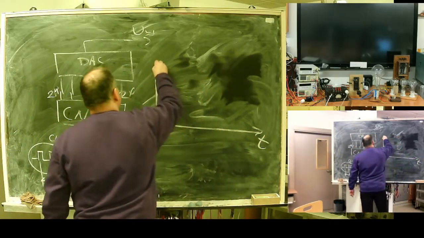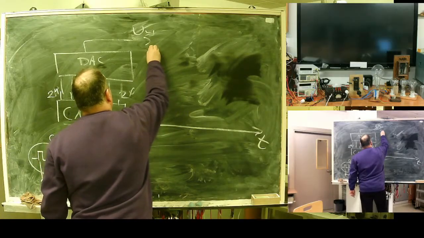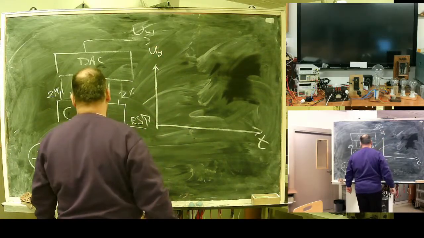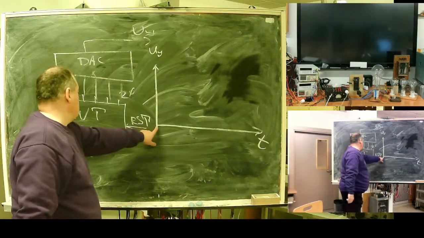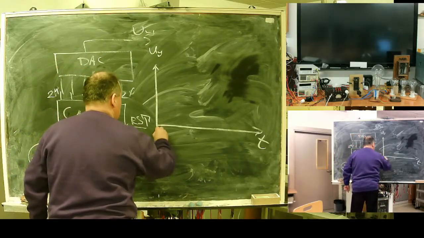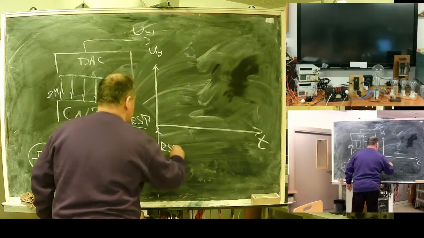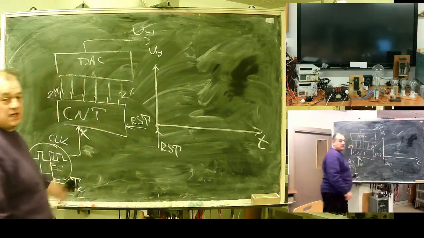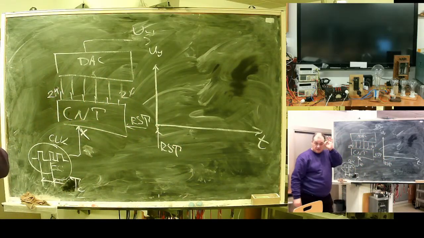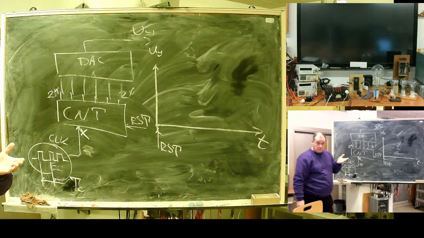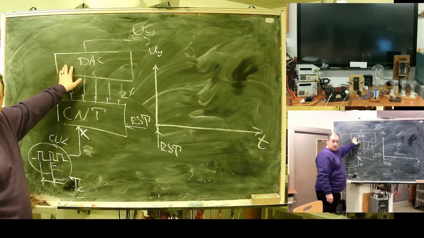What will happen? Time, voltage. At first, for example, we have reset. At this moment, the counter contents is 0. What will be the output of the DAC? 0.